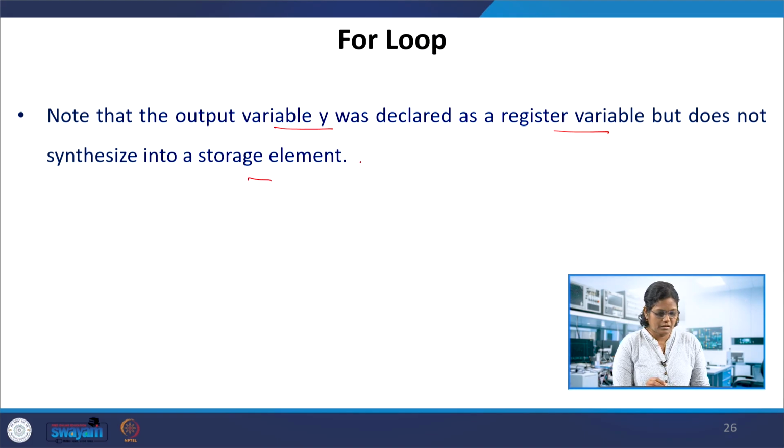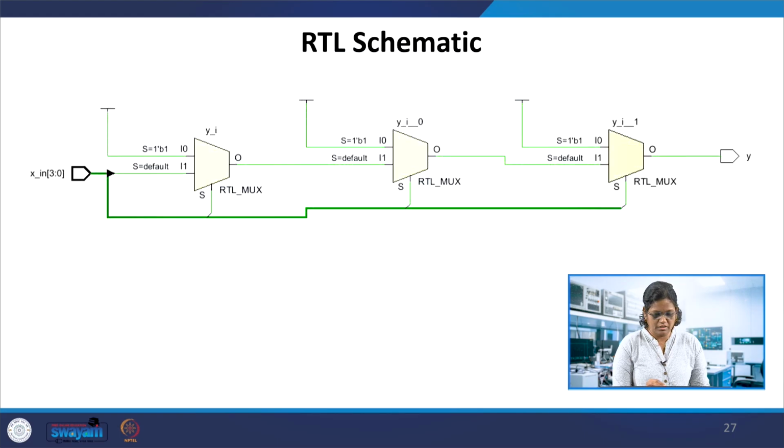We can see the schematic here. It uses 3 muxes for the conditions specified, checking the 0 to 3, that is all 4 bits, giving these as select lines.